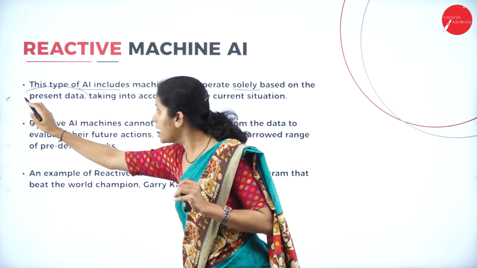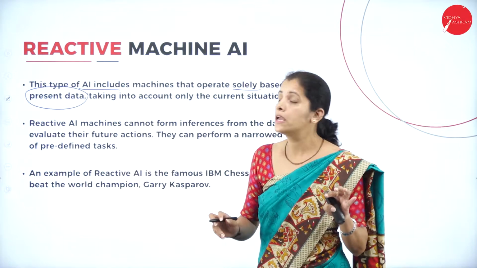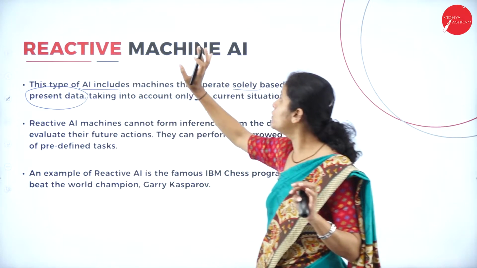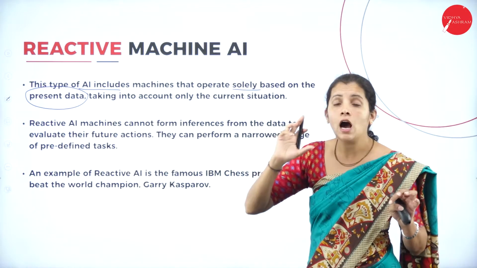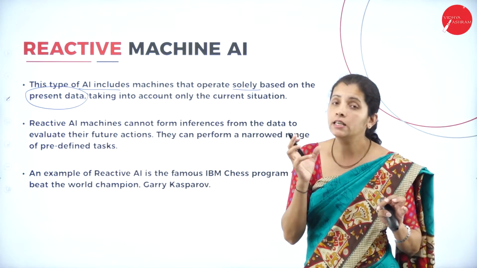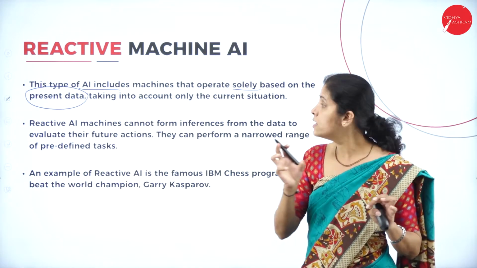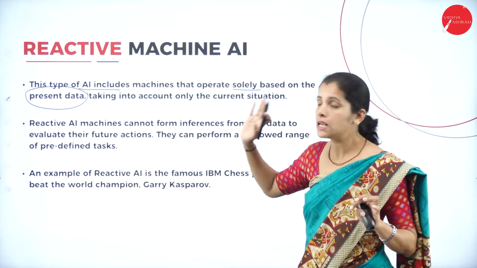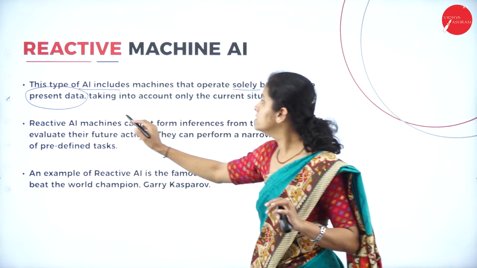Whatever AI considers only present data is called reactive machine. I repeat, whatever artificial intelligent machine, device or software is mainly based on the present data is an example of a reactive machine.